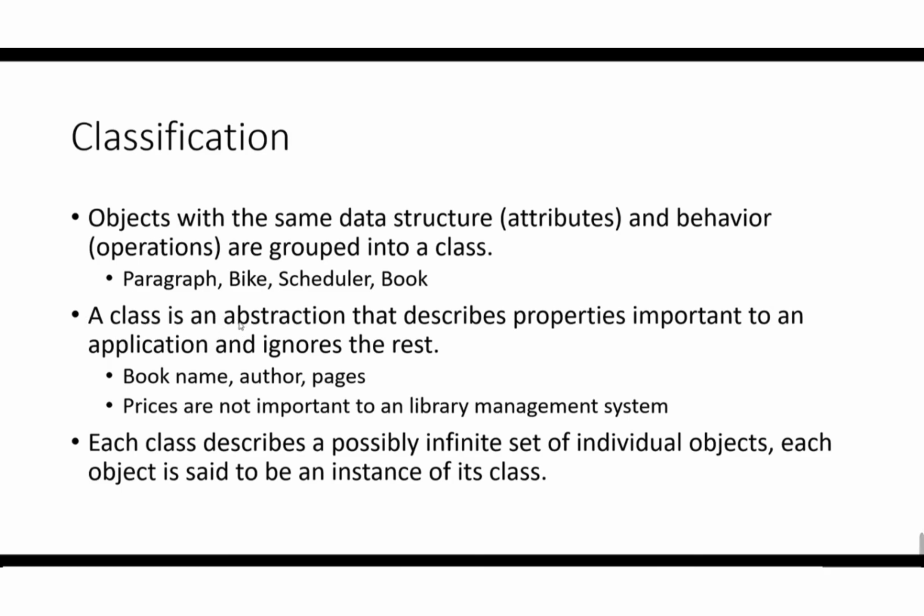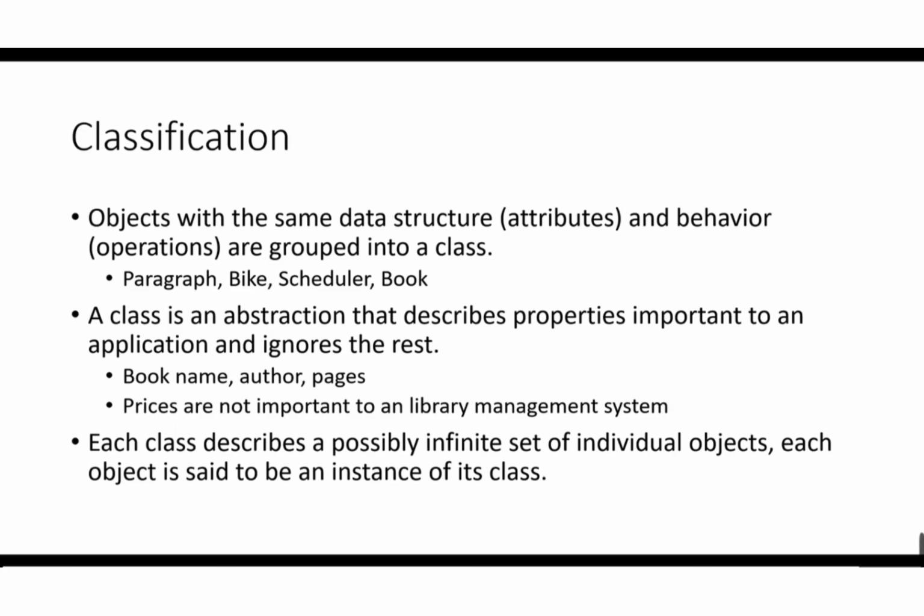And a class is an abstraction that describes properties important to an application and ignores the rest. So what does it mean? Every time we develop software to implement some functions, the software may involve many different objects, and each object has different properties and behaviors.